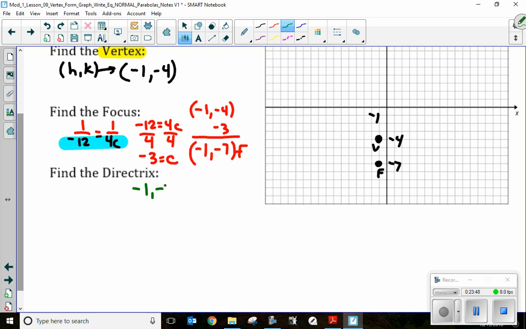If my vertex is -1, -4, well, I went down for the focus, so I should go up for the directrix. -1, but again, it's a line, so I just want the y value at -1. So here's -1 on the y. This is -1 on the x. And our line should be right there.